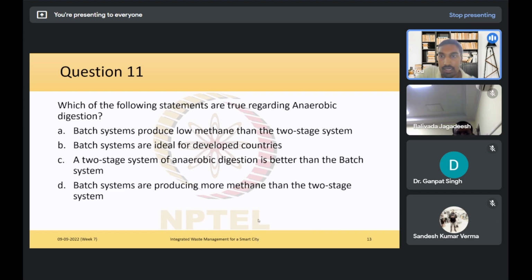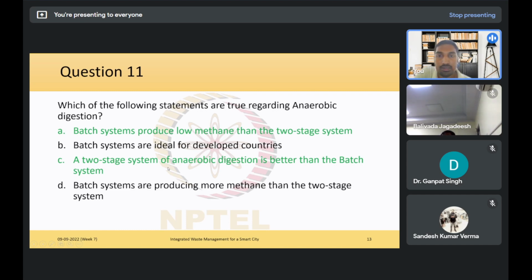Okay, so the right answer is actually A and C. Neither B nor D are correct. But A and C both are correct. So in the batch system we get lower methane than in the two-stage system, and so that makes option D false, right? And option C is a two-stage system is better than the batch system.